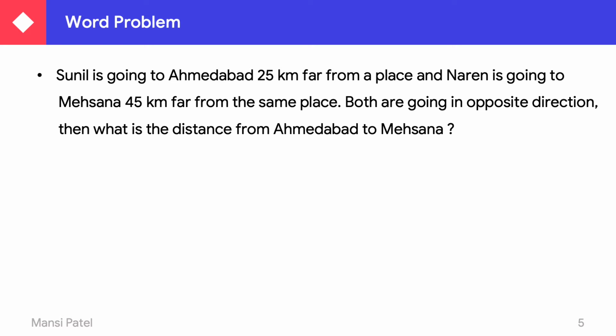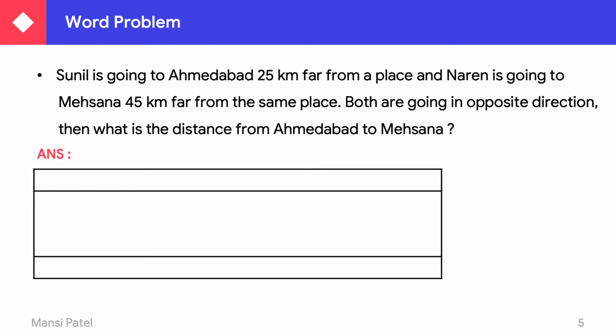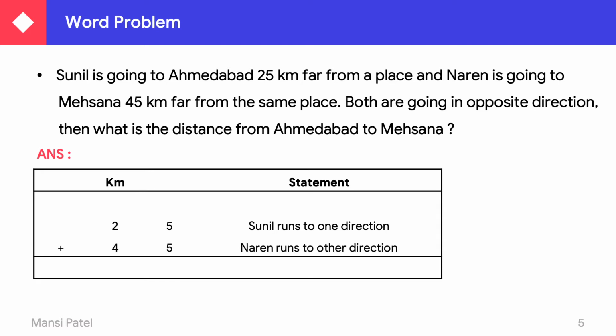What is the total distance from Ahmedabad to Mehsana? So let us see. Draw one table, with kilometer on one side and the statement. Then 25 kilometer, Sunil runs in one direction, and 45 kilometer, Naren runs in the other direction.